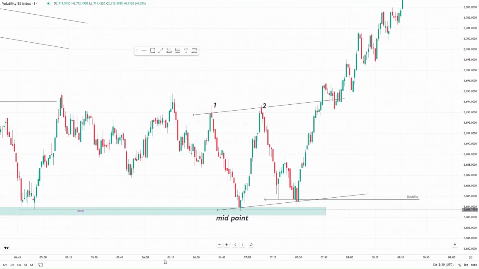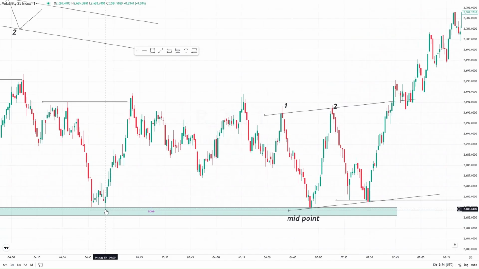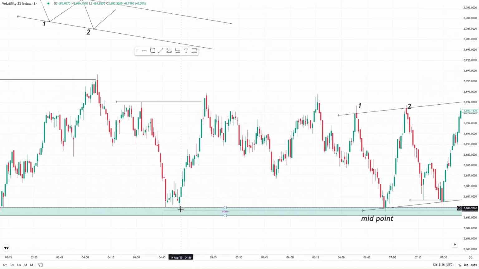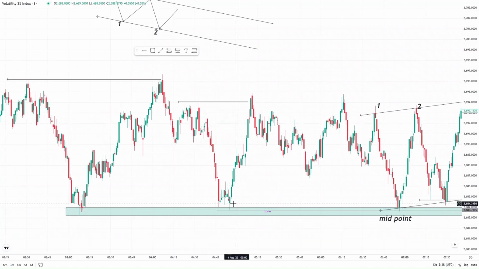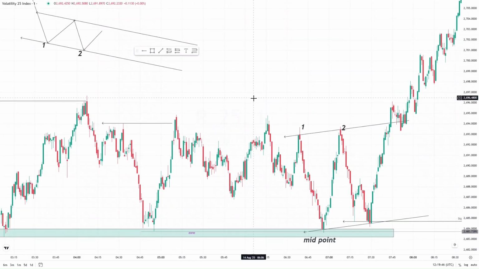So now we're gonna look at why this level right here was broken. This low was broken. This was liquidity. The people who traded at this rejection right here became liquidity, because price was not yet ready to move higher.